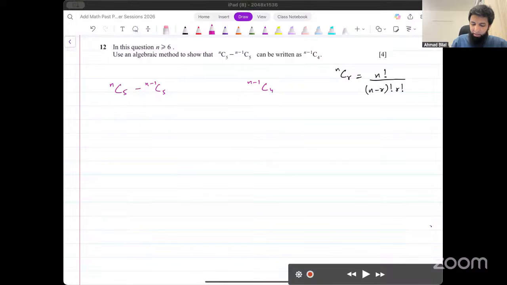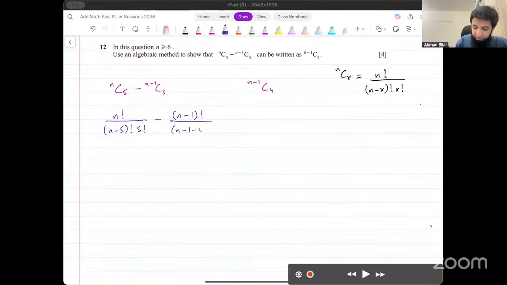Let's simplify the first one, nC5. nC5 can be written as n factorial divided by n minus 5 whole factorial into 5 factorial. And then n minus 1 C5 will be n minus 1 whole factorial divided by, in the denominator, n minus 1 minus 5 whole factorial into 5 factorial.